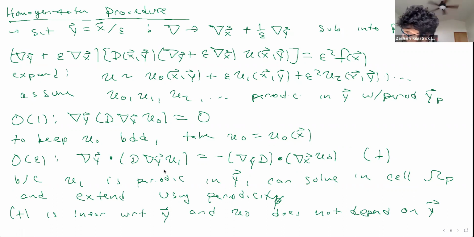So the operator here just involves differentiations with respect to y, okay? And my u0 over here only depends on x, okay? So by superposition, I can get the homogeneous solution, which in order to enforce boundedness, I just say is just going to be a function of x, okay? And then I can get the inhomogeneous part just by integrating, okay?